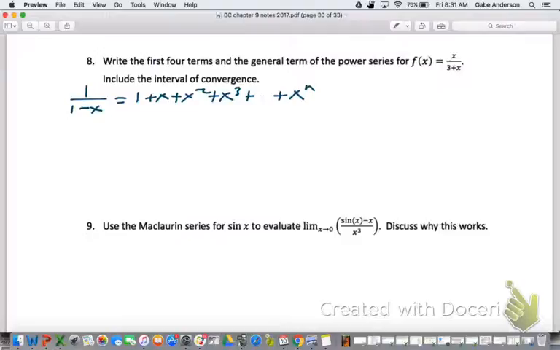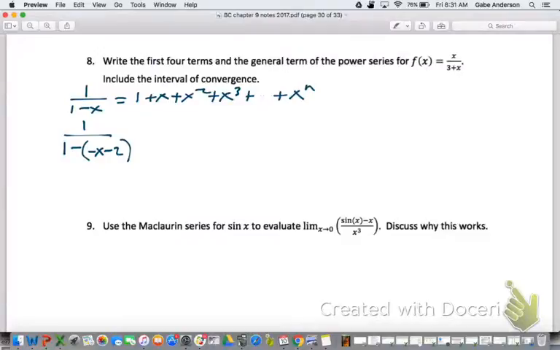Negative x minus 2. Negative x minus 2, right? Let's try it out. I'm getting a couple of looks of like, are you sure? Let's try it out.